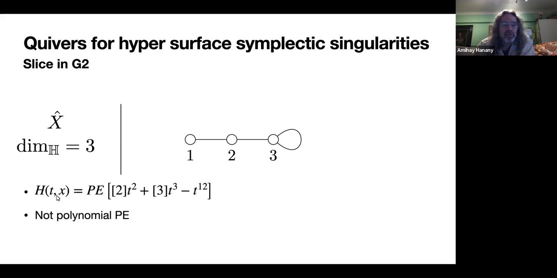If I try to expand this Hilbert series in terms of the highest weight generating function of SU2, then I will find that it's not a polynomial highest weight generating function, so it does not satisfy the second criterion. So that's an alarm. It's not such a simple moduli space.